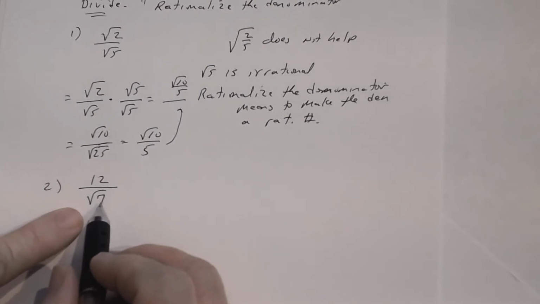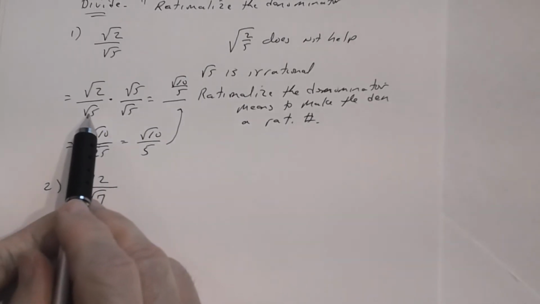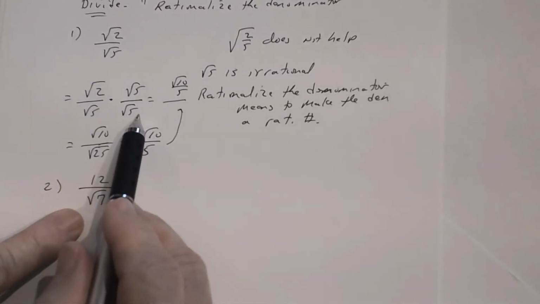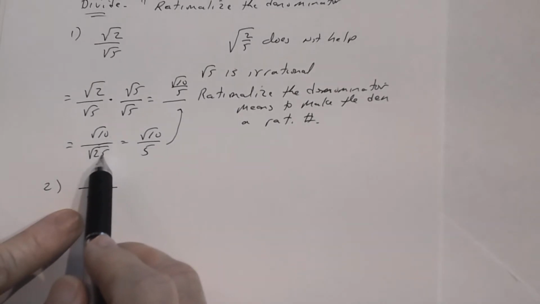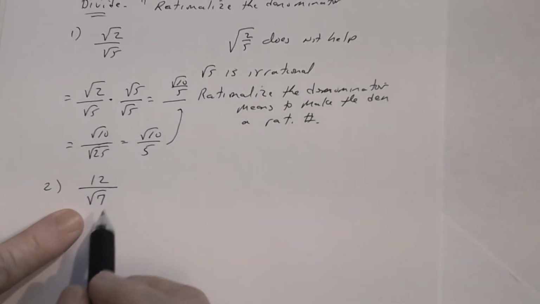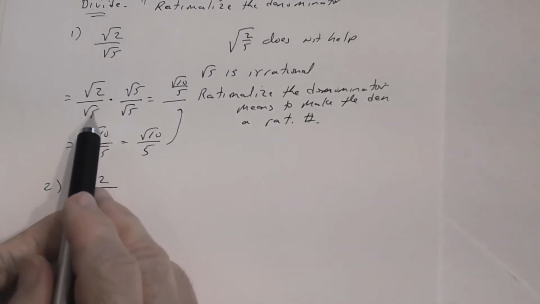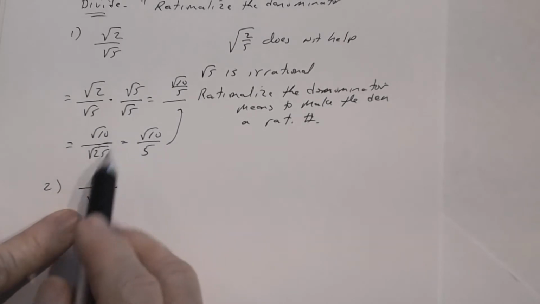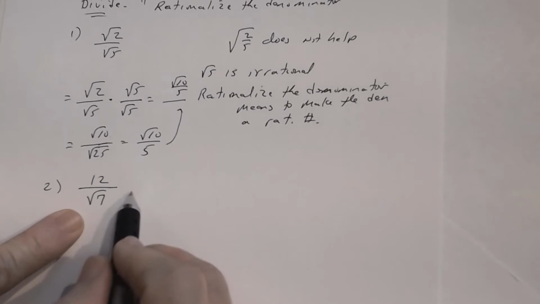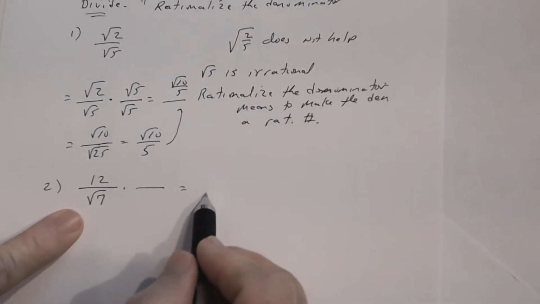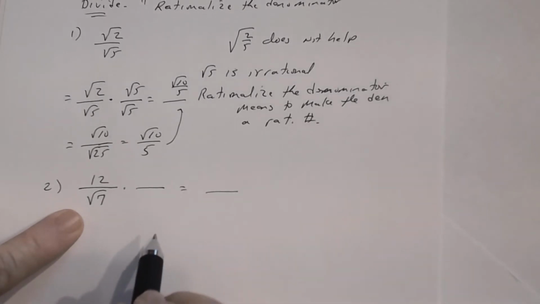Now, notice that to make it a rational number, I just multiplied the square root by itself, that radical by itself, and then I ended up with a perfect square. So the idea is to get a perfect square in the radicand of the denominator. I know that if I multiply 5 by itself, I get a perfect square. So I want to multiply this denominator by some expression so that I get a perfect square as my radicand.